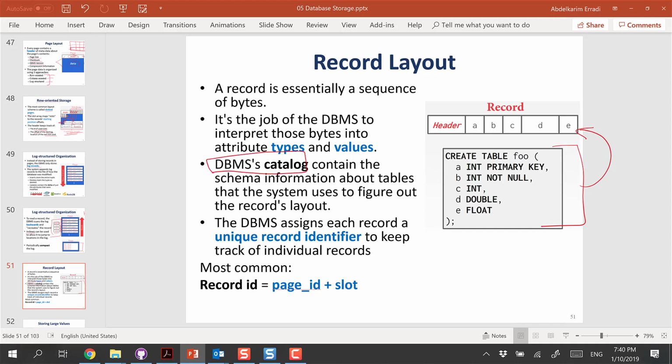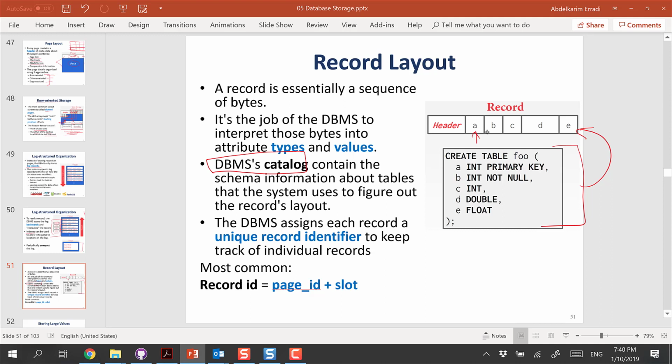Once we get the schema, then we can parse this. We know that this one is an int, and we know the size of the int. We know this one is a string, varchar or char. For varchar and char, there will be a delimiter, maybe a null terminator, to know that the string has finished. Or it could be that in front of the varchar, we store the actual length of that varchar. It depends on how the database does it.